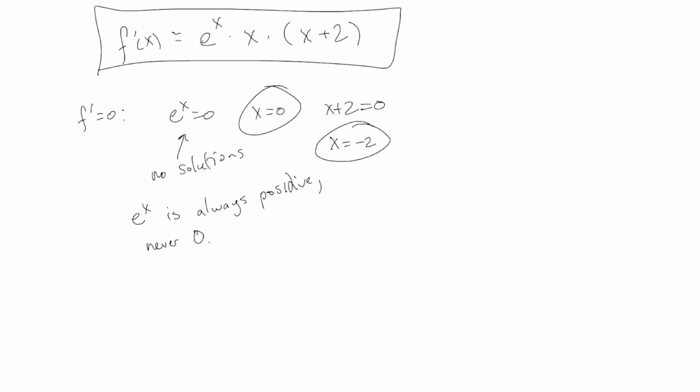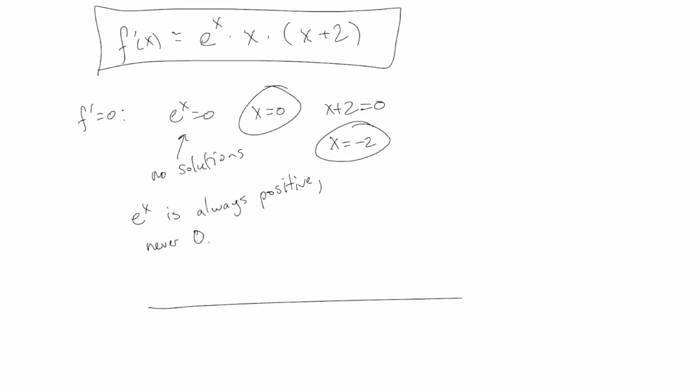So it's not possible to get a solution from e to the x equals 0, because e to the x is always positive and never equal to 0. All right? So my only critical numbers then are 0 and -2.